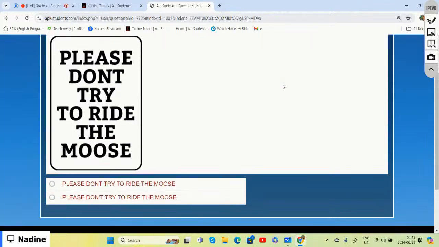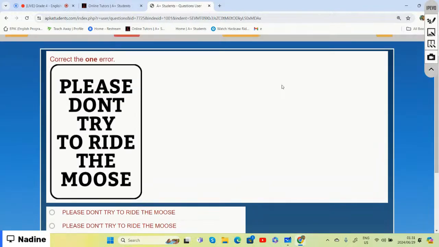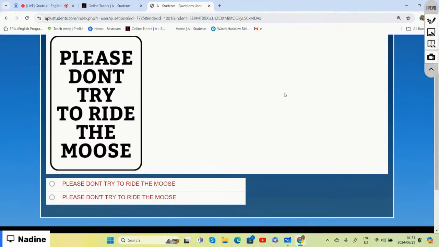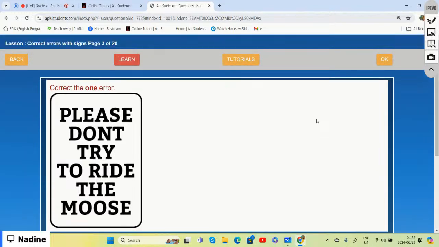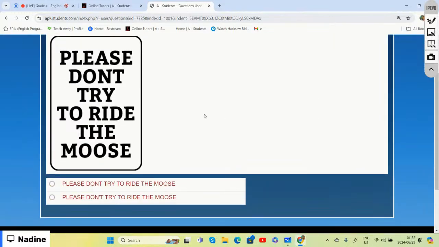All right. The next one says, please try to ride the moose. Please don't try to ride the moose. How are we going to correct that error? Is it option one or option two? Where do you see the error needs to be?